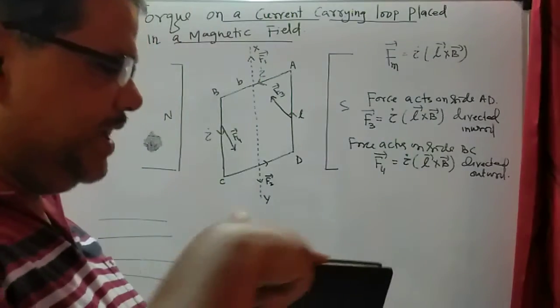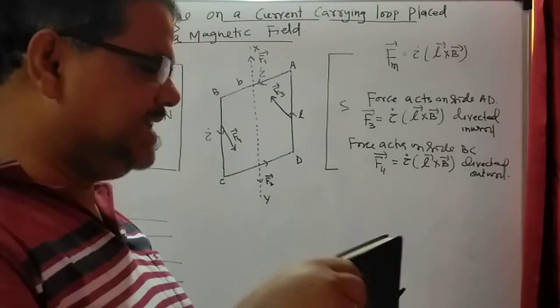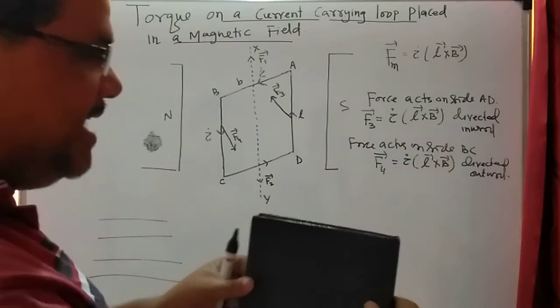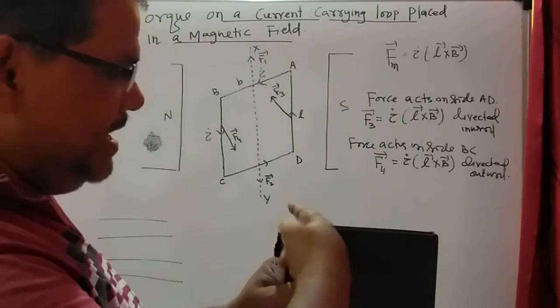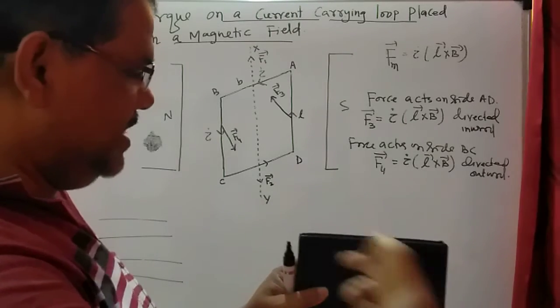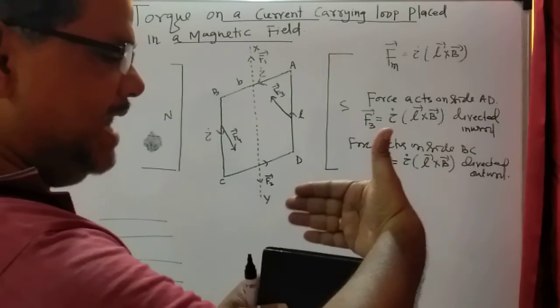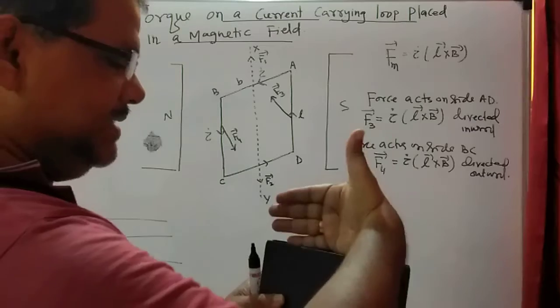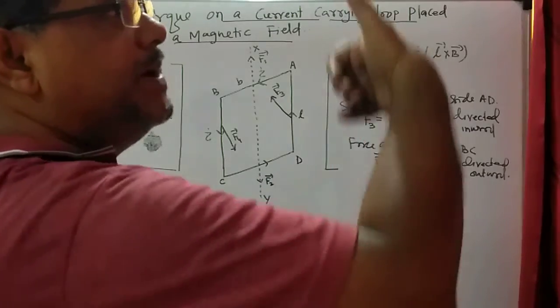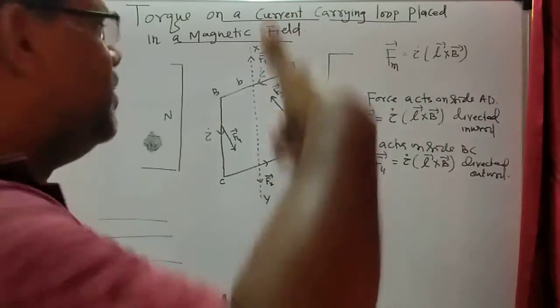The current is flowing from here to here, and the magnetic field is directed as per the diagram, from here to here. So if you turn from L to B vector, automatically the force is acting in the upward direction.